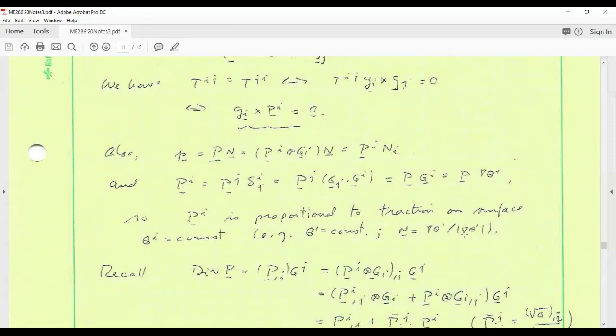The proportionality factor is this, the norm of the gradient here. Okay. So this gives you a way of physically understanding what these stress vectors are. They're proportional to the tractions transmitted across the surfaces on which the various coordinates are constant.